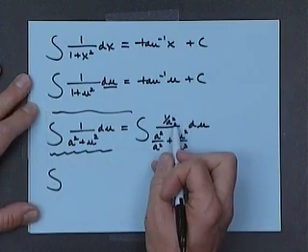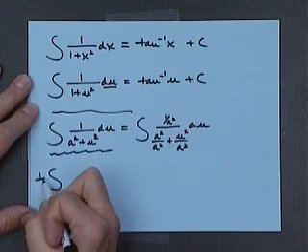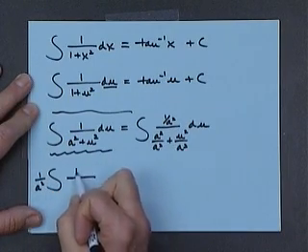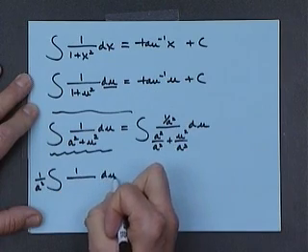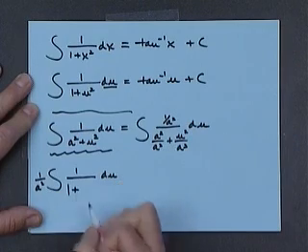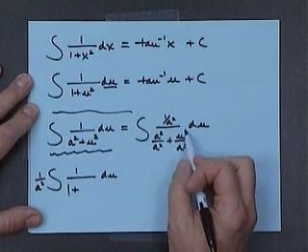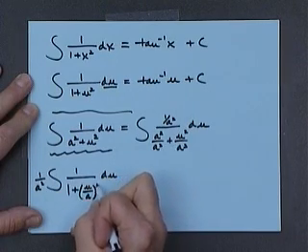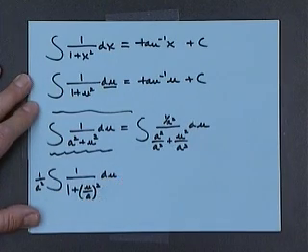1 over a squared. A squared's a number. Why don't we just move that out in front? So we've still got 1 and a du. A squared over itself is 1. And u squared over a squared, I'm going to write as u over a, the quantity squared.